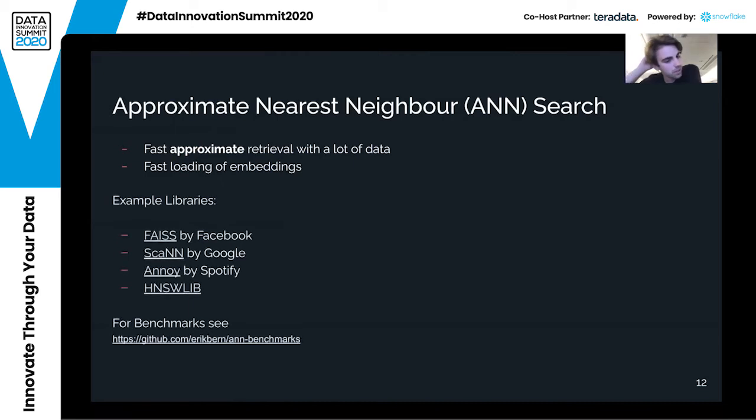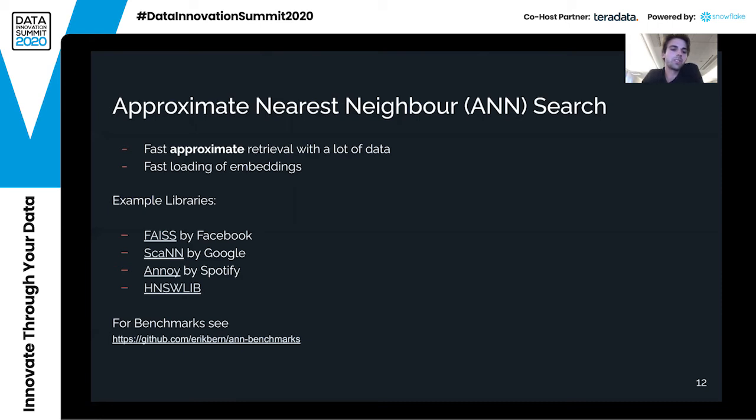Some examples here as well. There's Faiss from Facebook, ScaNN by Google, which was recently released, and they claim to be beating a lot of benchmarks. There's also Annoy by Spotify. I know about Annoy that they have this memory mapping, so that's one of the libraries that allows loading of the embeddings really fast.